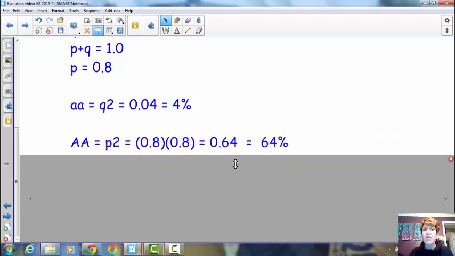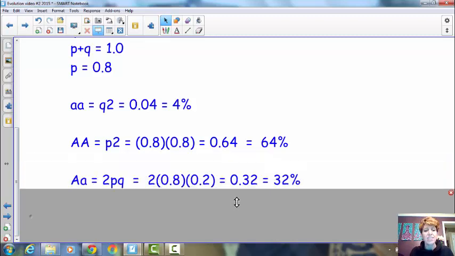Next, I can figure out what percentage of the population is homozygous dominant, big A big A. So big A big A is equal to P squared, and P squared is 0.8 times 0.8, which is 0.64. So 64% of the population has the homozygous dominant genotype. The last genotype frequency would be the heterozygous.